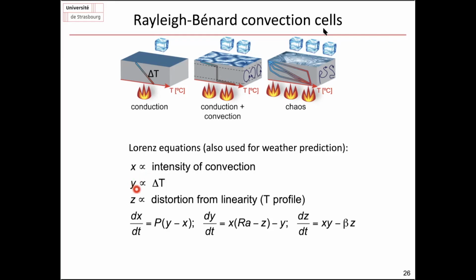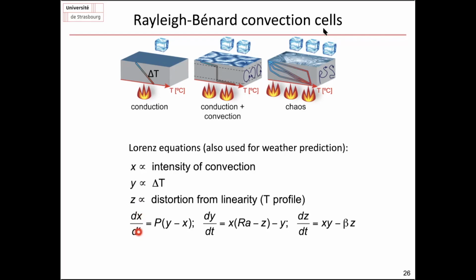Y is proportional to the difference in temperature between the bottom and the top. And z is proportional to the distortion from linearity. So here you have no distortion, here you have a bit of distortion, here you have the chaotic regime, very big distortion. So that we can express as ordinary differential equations.